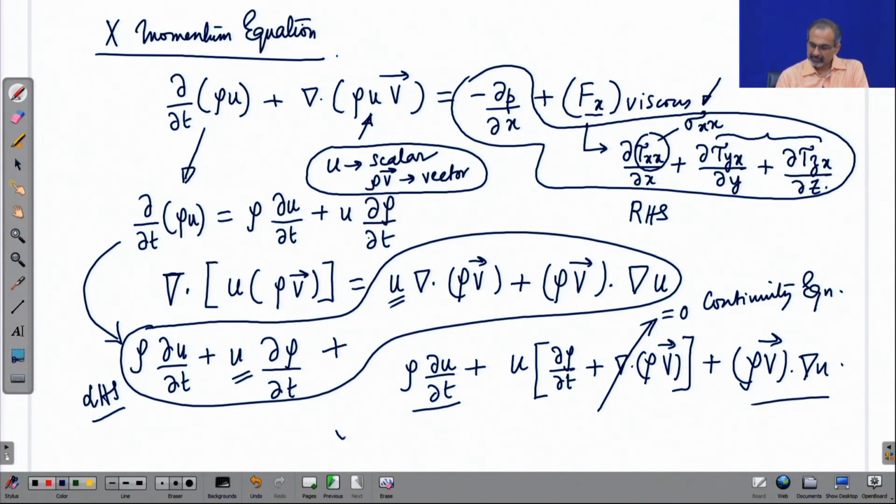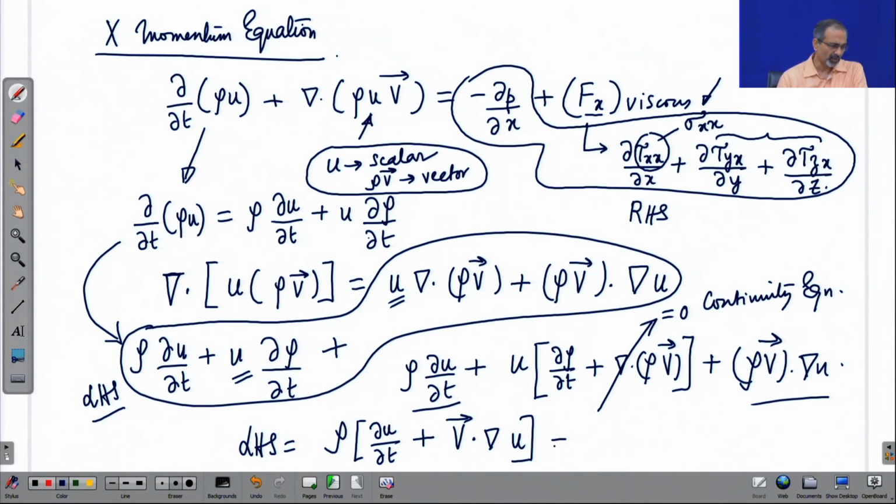Now, if you take the density as the common term, the left hand side gives you rho times within brackets del u del t plus v dot del u. So, what is that? That is recognizable now.